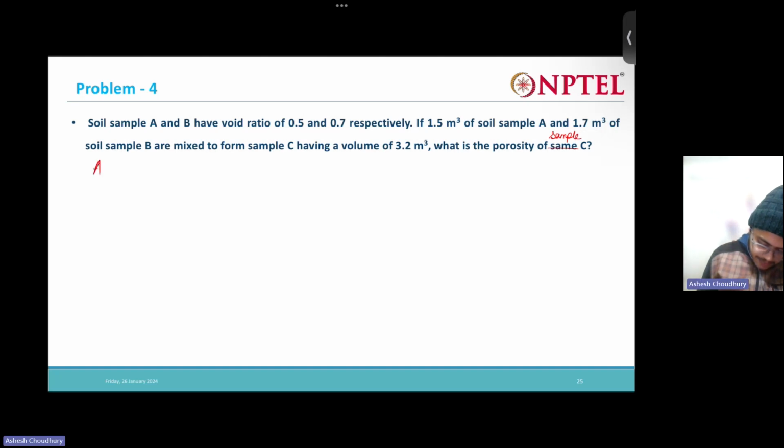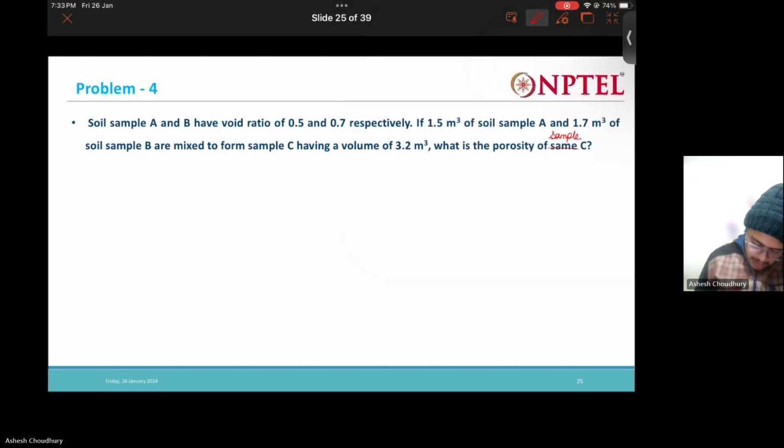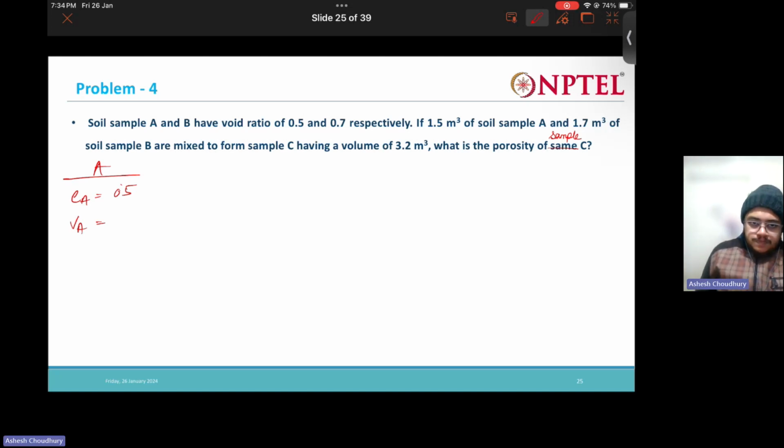For A, void ratio is 0.5. Total volume is V A. Here A doesn't mean air, A means total volume of A, which is 1.5 meter cube.